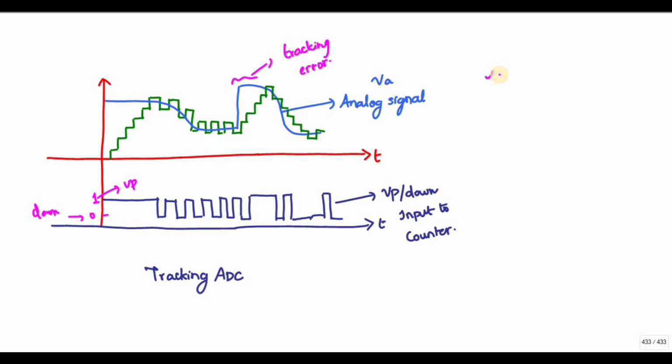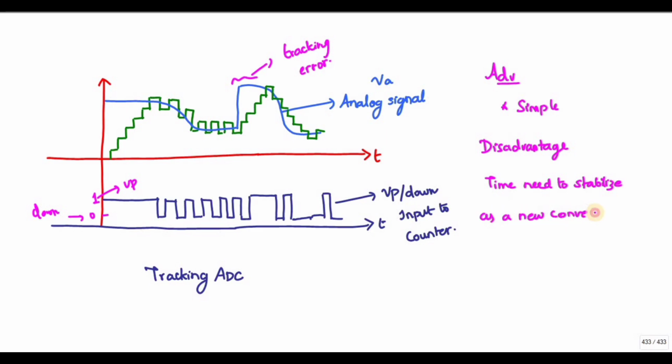The advantage of this servo tracking ADC is that it is very simple, but the disadvantage is the time needed to stabilize, as a new conversion value is directly proportional to the rate at which the analog signal changes.